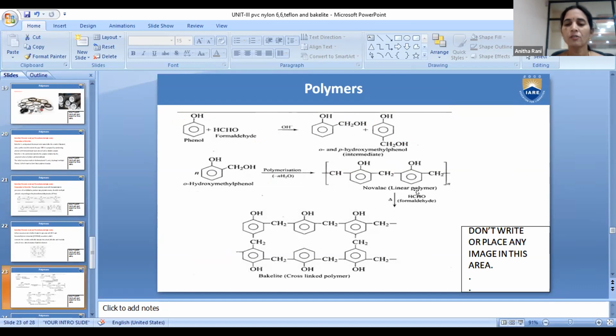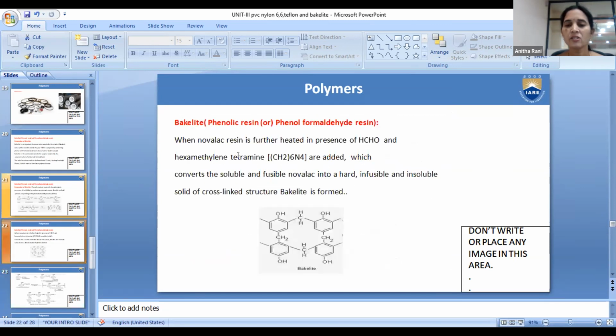Now we take the Novolac structure. In the third step, we take Novolac resin and add formaldehyde again.